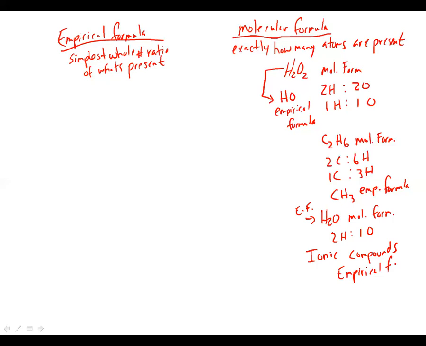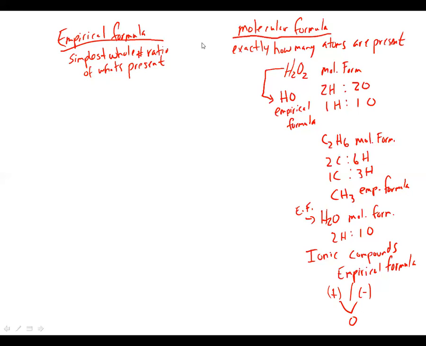And if you remember, for ionic compounds, when you put a positive and negative ion together, it needs to equal 0 in terms of the charge. And the simplest way to do that is why basically all ionic compounds are really empirical formulas, because when we put them together correctly, it always is put together in the simplest way to get yourself to 0.